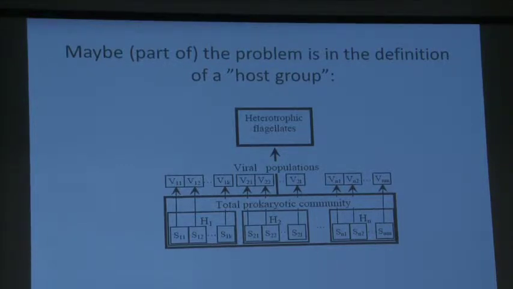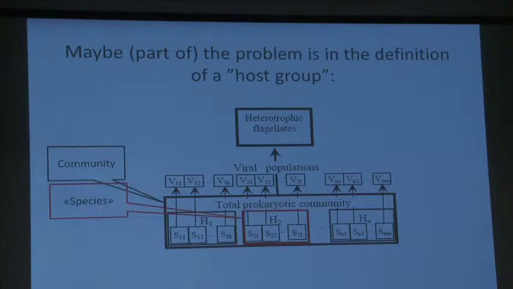Now, if you do the other extreme and say that the viruses are strain-specific rather than species-specific, you get something interesting here. You get a three-layer model. You still have the community size controlled by the protozoan predators. Then you have the species, and then you have the strain size controlled by the viruses.